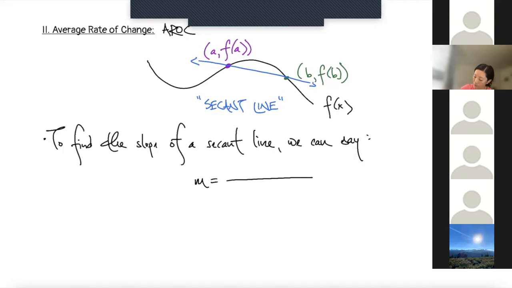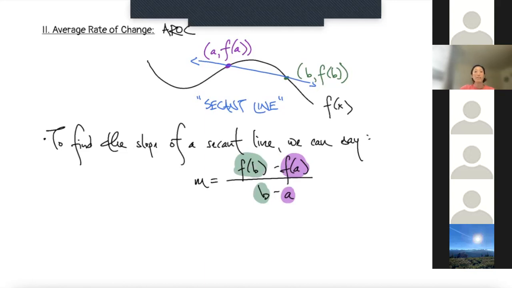Yeah, there we go. If I wanted to find the slope of that, I could say f of b minus f of a over b minus a. This is our a, f of a, and this is our b, f of b.